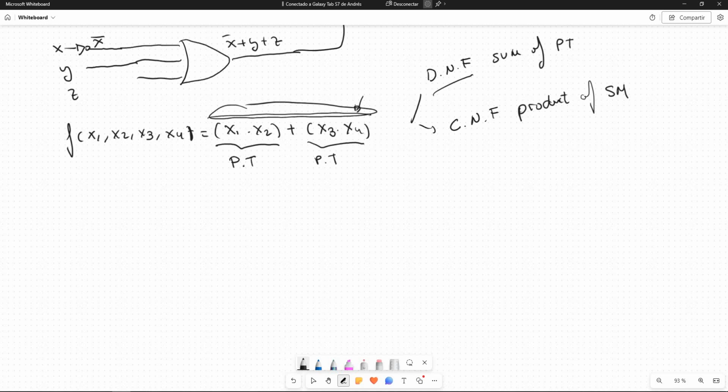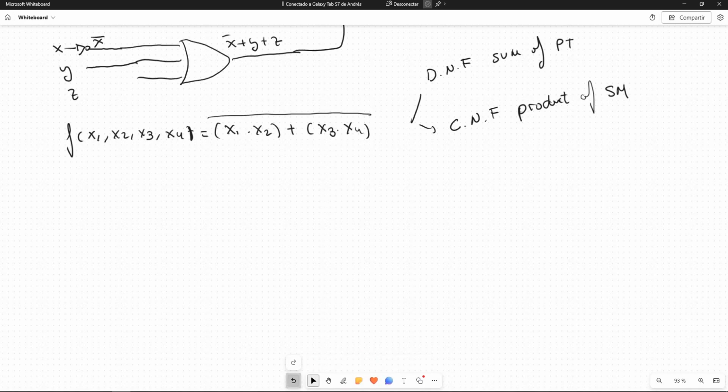So imagine that I'm asking you to obtain a normal form starting with this representation. We are going to do it. The first thing that we have to do is to apply De Morgan's law, because we have that complementation. Remember that we have to respect the priority of the product.